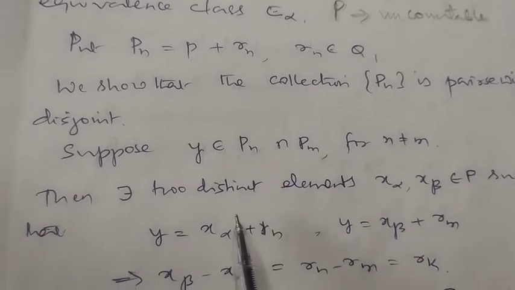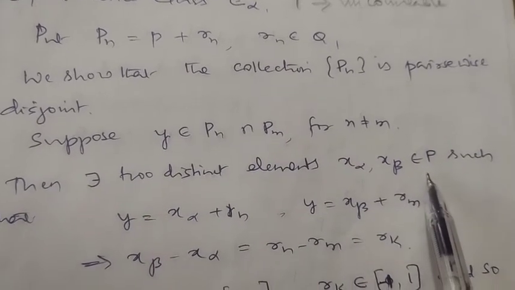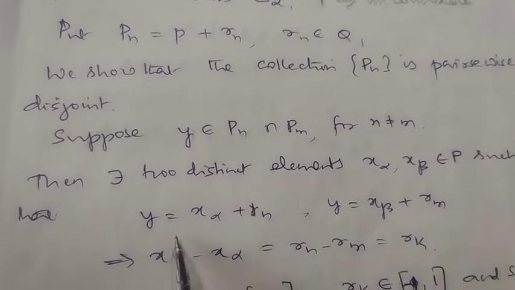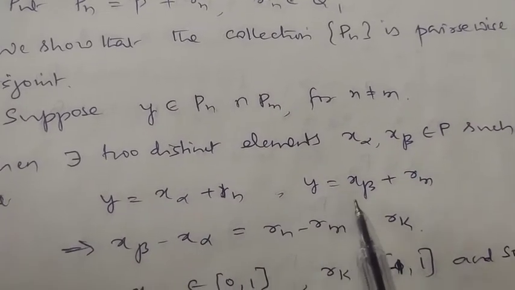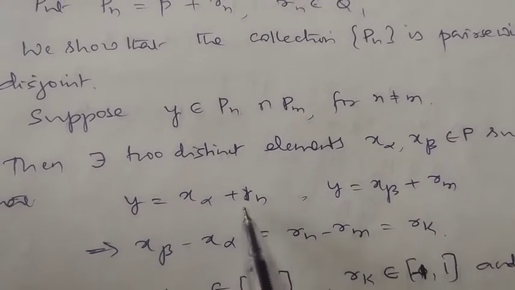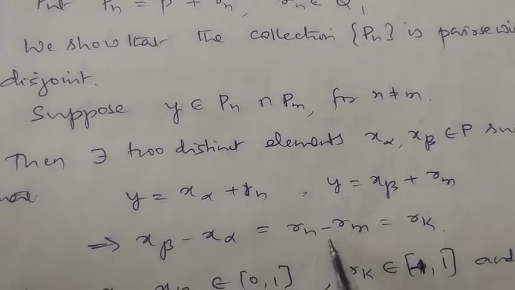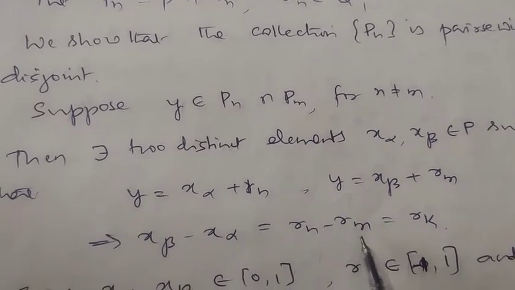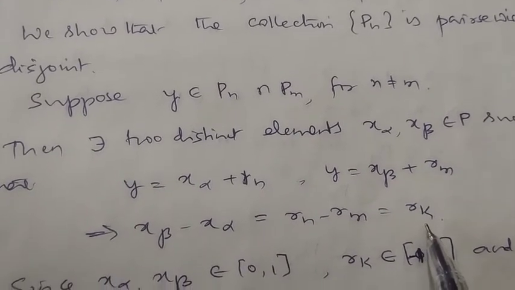Then there exist two distinct elements x alpha, x beta belonging to P such that y can be written as x alpha plus Rn and the same y can be written as x beta plus Rm. This implies x beta minus x alpha is Rn minus Rm, which can be written as say Rk.